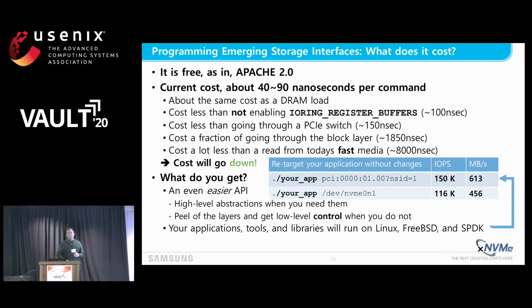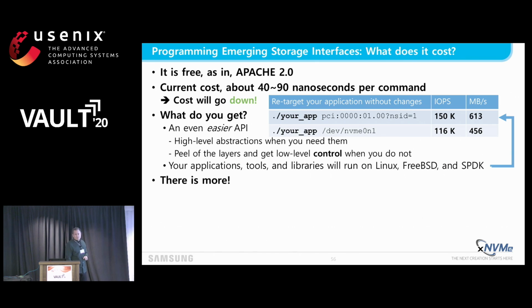You just point it to a different identifier, and then you'll use that path. If you're in another scenario where you really want the rest of the kernel infrastructure, again, you don't have to change your code, but you can go that way and utilize everything that's available within Linux or within your operating system.